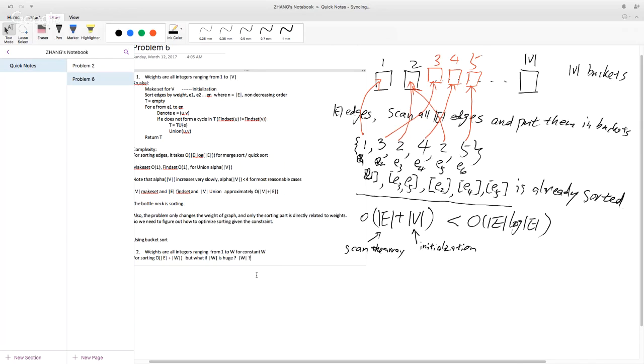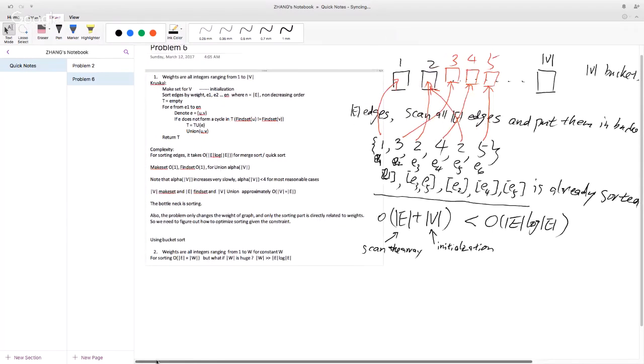W bigger than E. So if W is very large, then we should not use bucket sort, and this will make the algorithm less efficient than the original merge sort or quick sort.